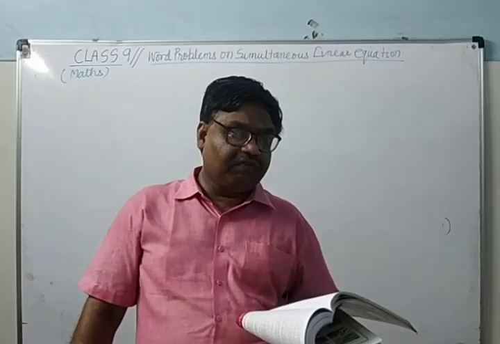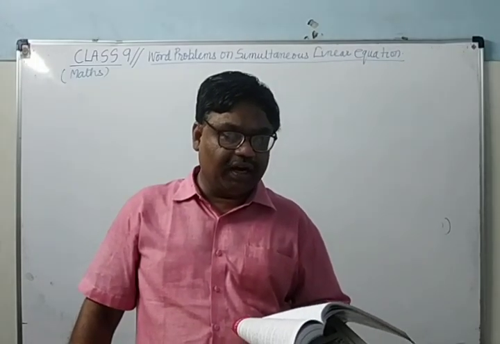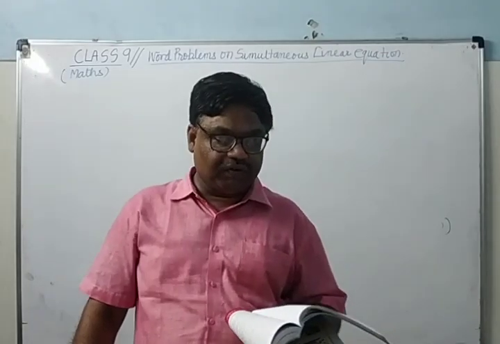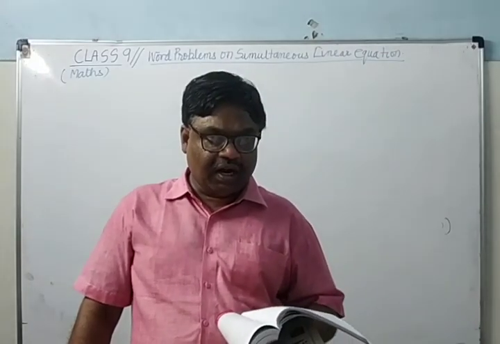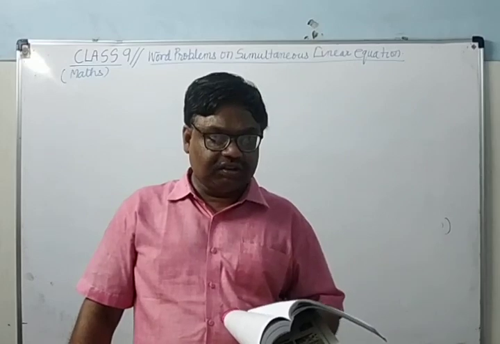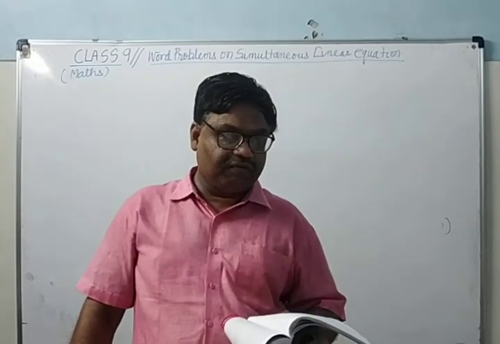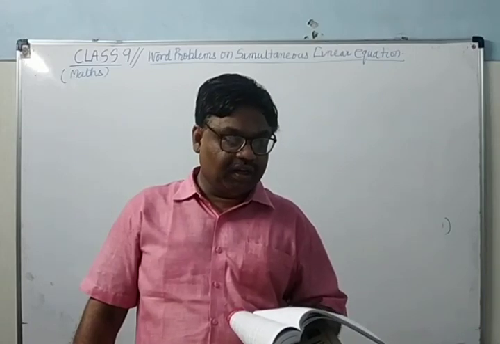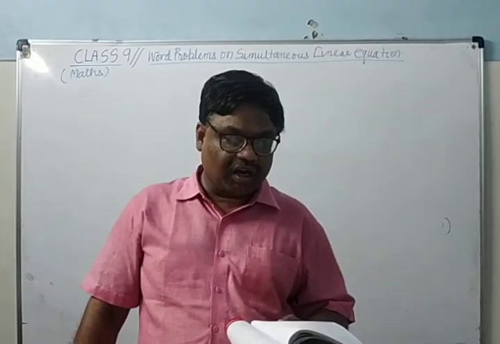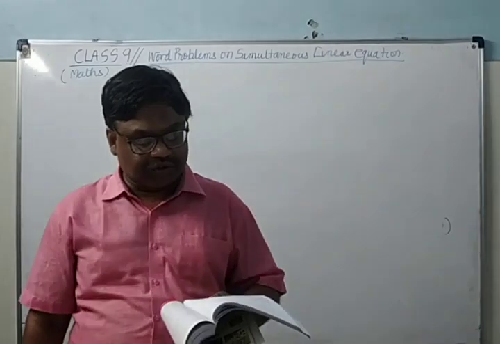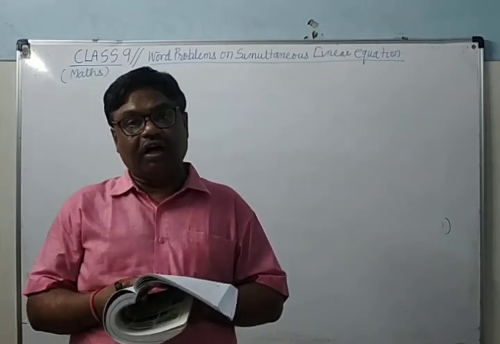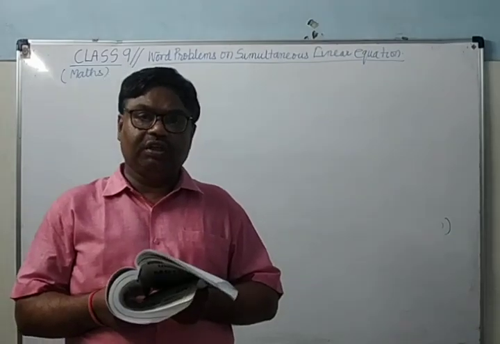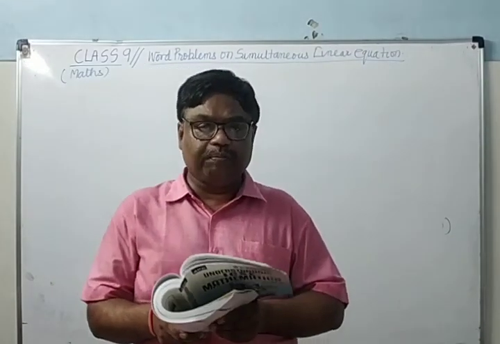The cost of 5 kg sugar and 7 kg rice is rupees 153, and the cost of 7 kg sugar and 5 kg rice is rupees 147. Find the cost of 6 kg of sugar and 10 kg of rice. You can note the question by pausing the video.